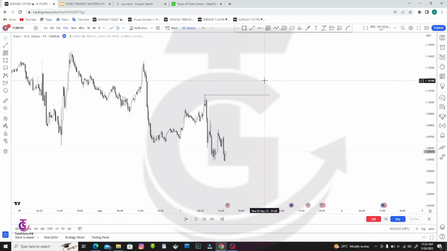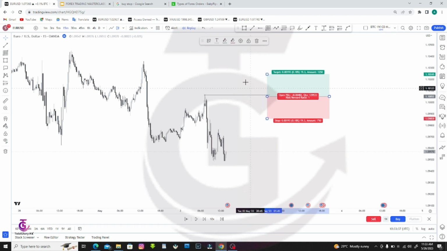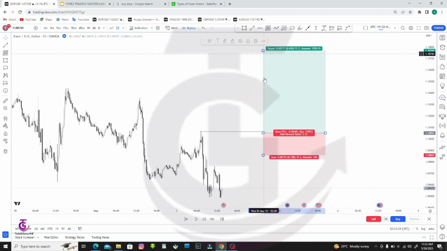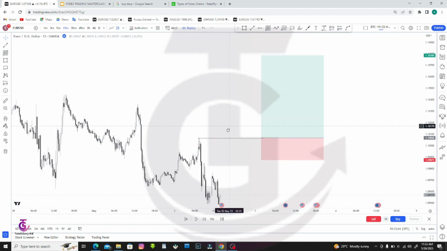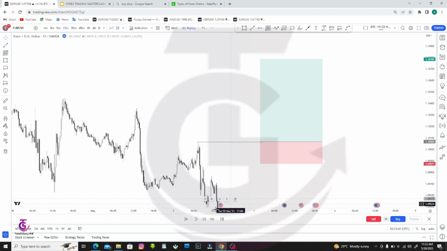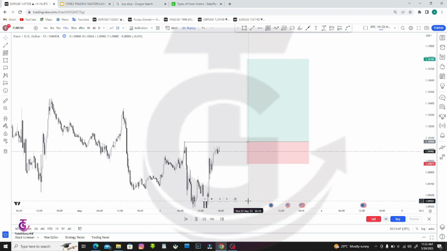You can set your buy stop. Immediately price activates this and you know it will be buying from here, then you are in. Then put your stop loss wherever you want. Then your take profit. Immediately price gets here and activates your buy stop, it will trigger you. Then you'll be in profit if it moves in your direction.